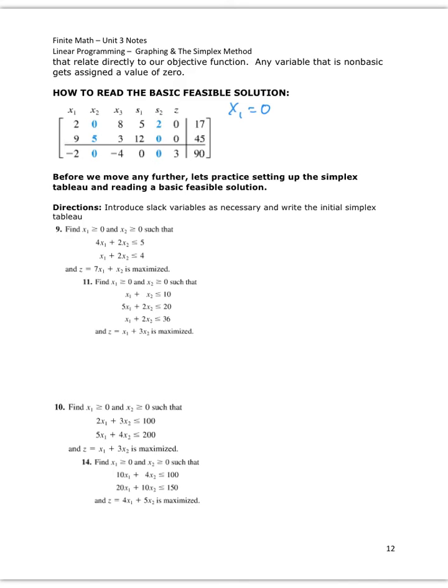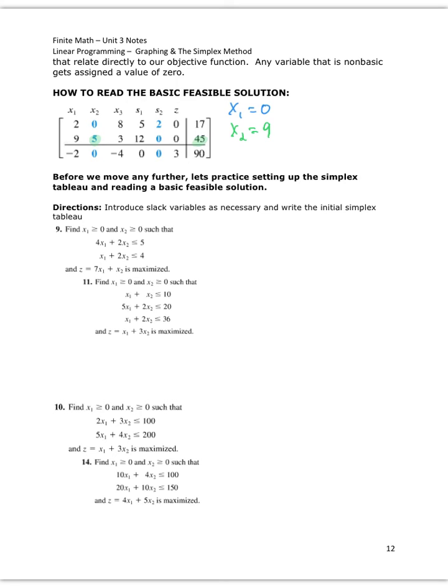Okay. Now, if you take a look at x2, it is a basic variable because there's only 1 non-zero number in that column, and that's this 5 in the second row. So how am I going to figure out how much x2 is worth? Well, I'm going to take that 5 and divide it into this right side number of 45, and then that means that x2 is going to be 9, just like that.